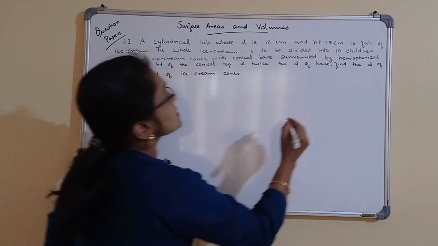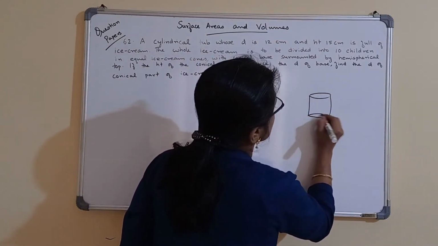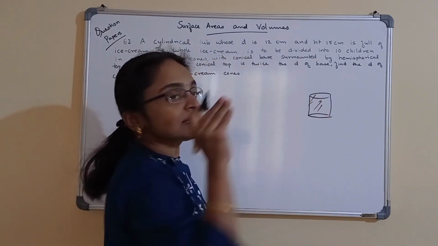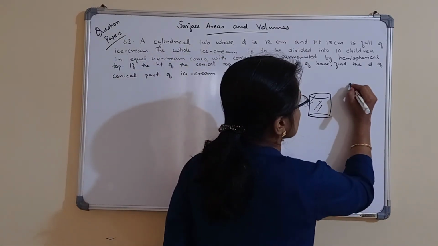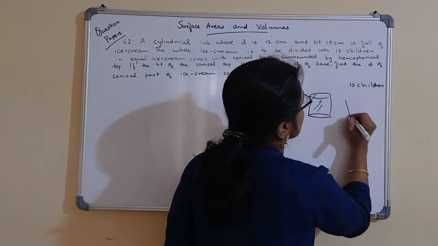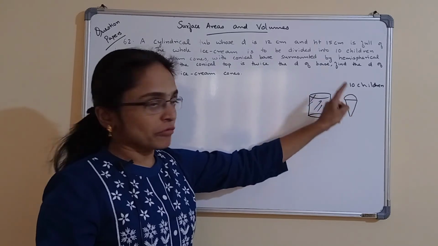So, there is a cylindrical tub, and in that ice cream is there, and this is full of ice cream, and ice cream from this tub is divided into 10 children, and these 10 children are getting it in cones which have a hemisphere surmounted on top of the cone.